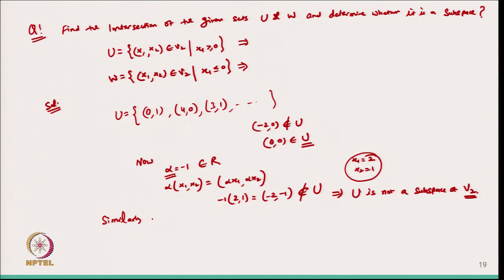Similarly, W also: in this case I am taking x1 less than or equal to 0, so if I multiply by a negative sign, it will be positive in that case.